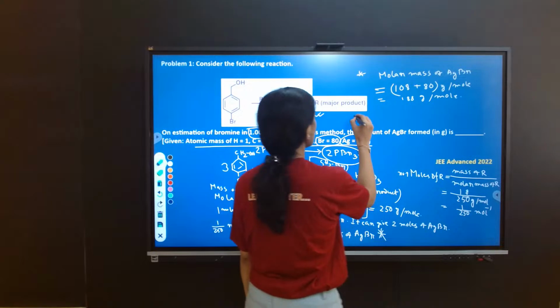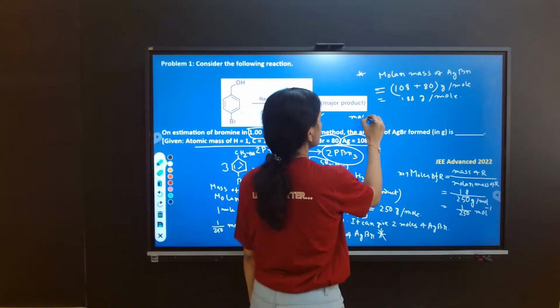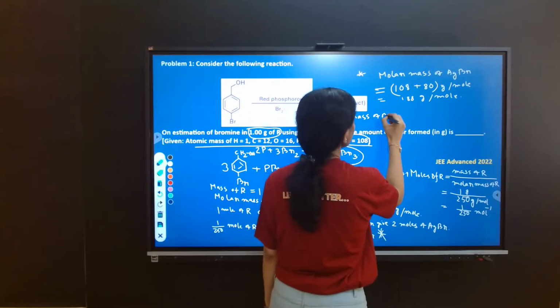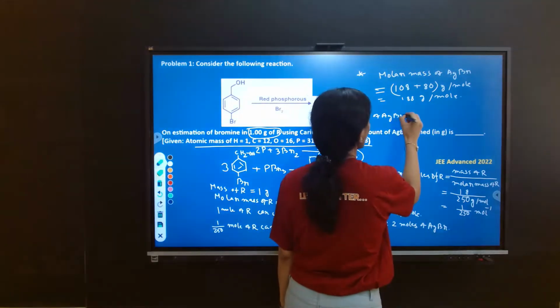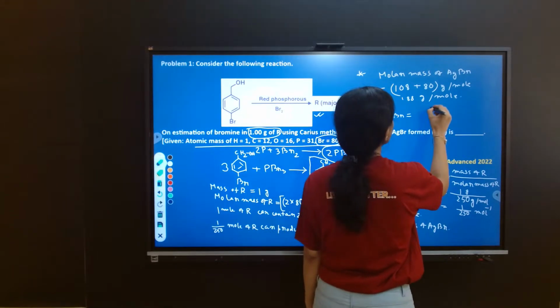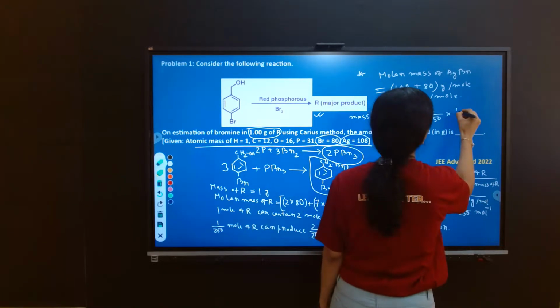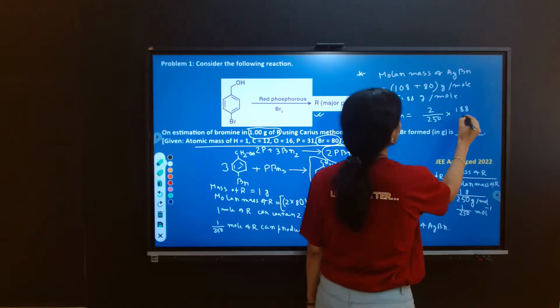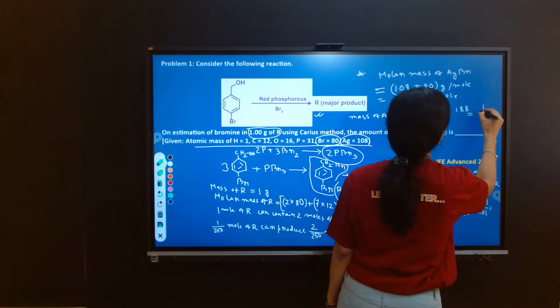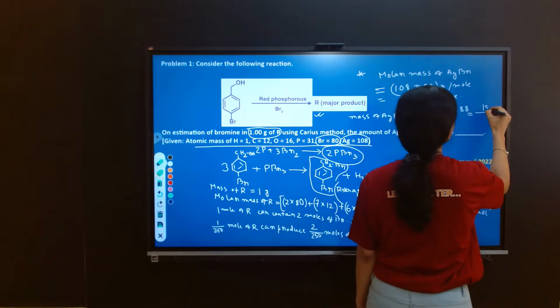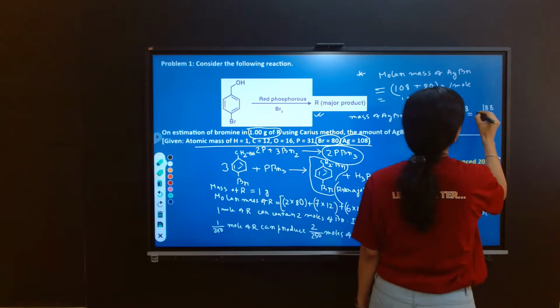So you can easily calculate the mass of AgBr as 2 by 250 times 188, which is 188 divided by 125.